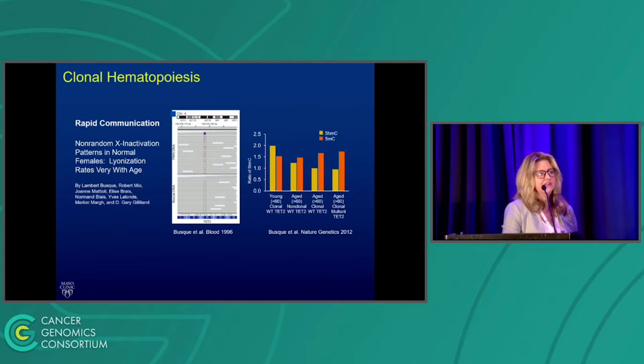So on the right here, this is the same group publishing in 2012, showing that these non-random X chromosome inactivations were associated with TET2 clonal hematopoiesis, and that these had an effect and produced epigenetic changes. TET2 activity can be measured by the levels of 5-hmC and 5-mC.